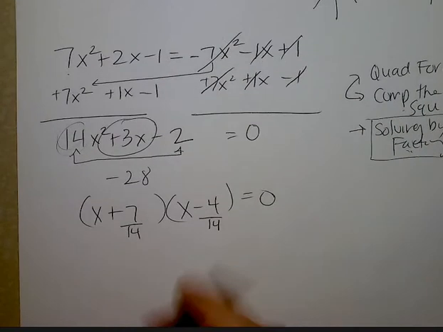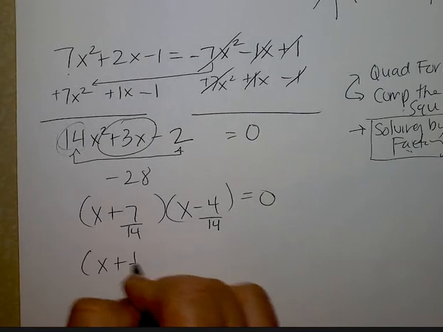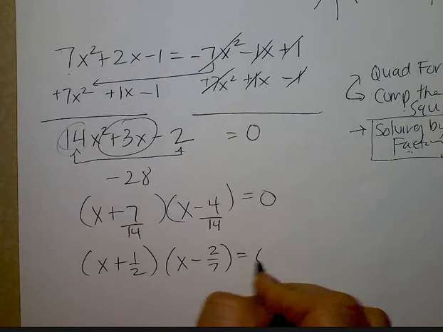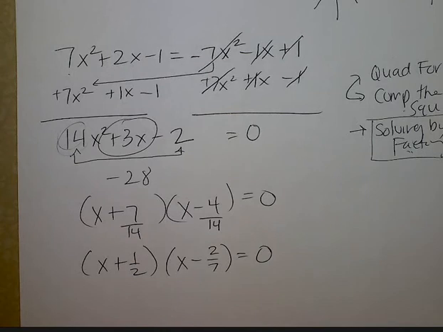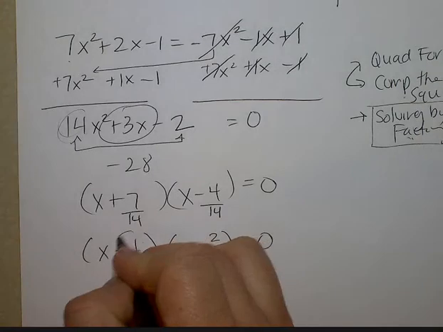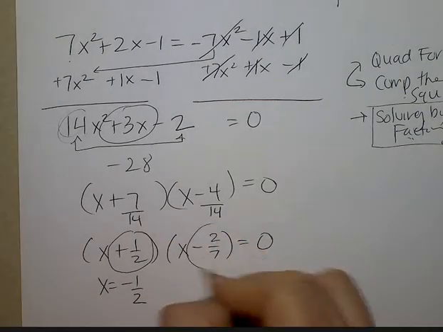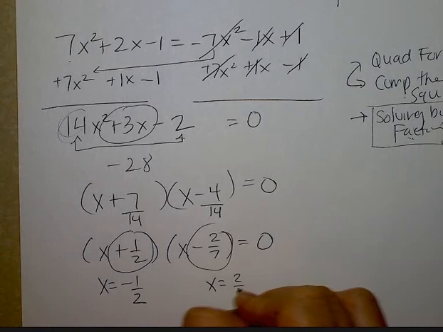Reduce the fractions if possible. And then this tells us that one x value is negative 1/2 and the other is positive 2/7.